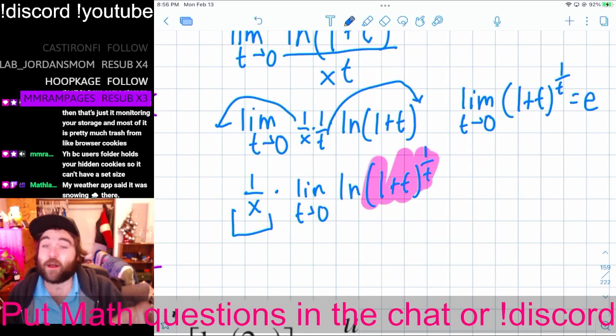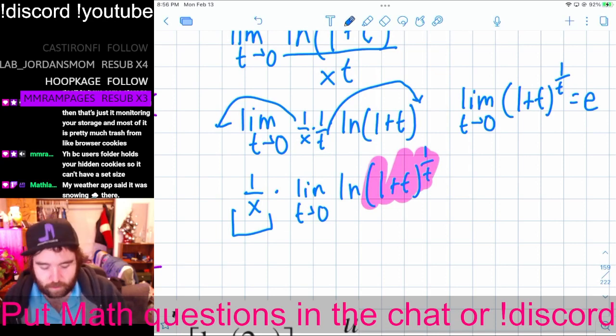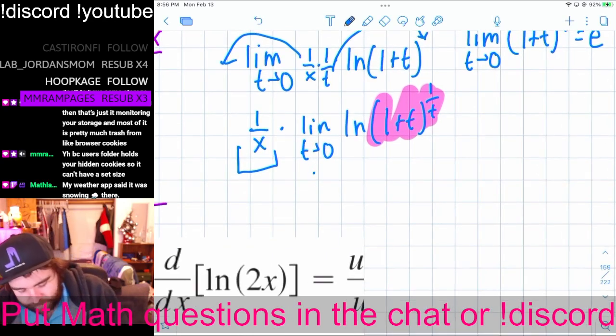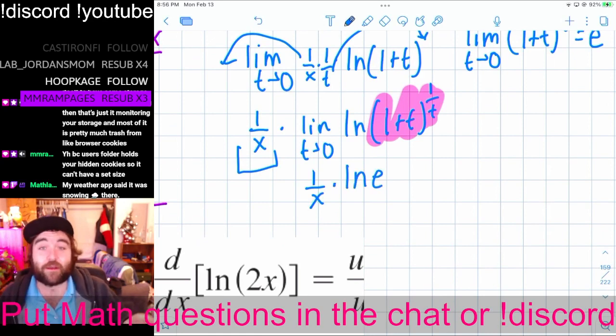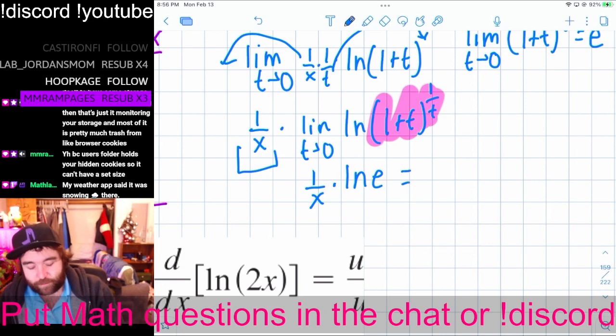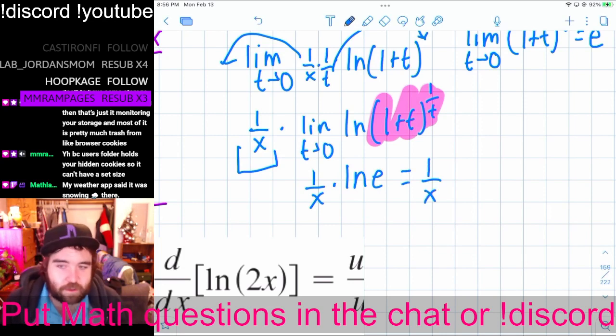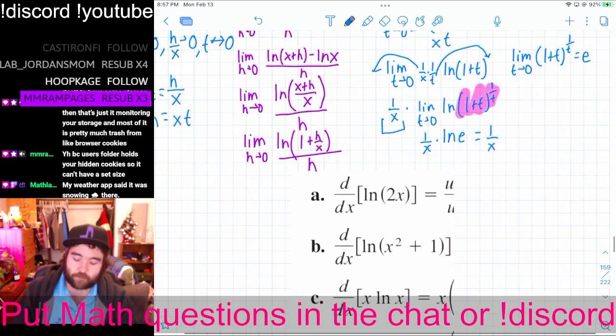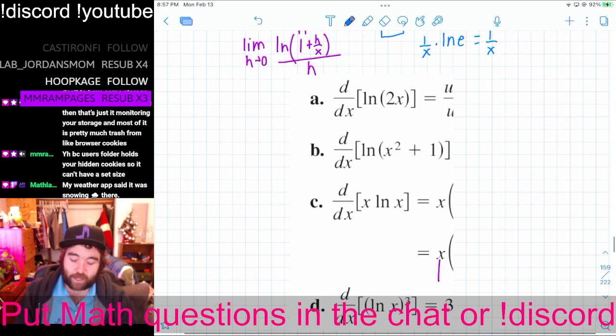Well, that's e, not approximately e. That's equal to e. So what we have right here is 1 over x times the ln of e. And what's the ln of e? It's 1. It's 1 over x times 1. It's 1 over x. And that is how you derive the derivative of the natural logarithm.